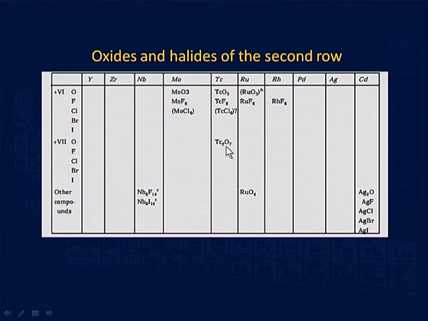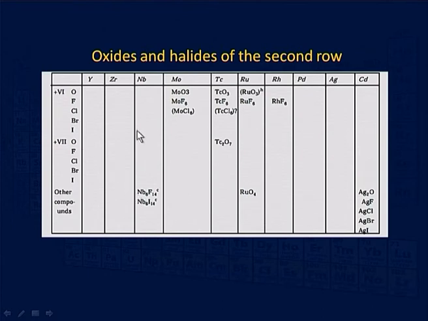Particularly, technetium can have the +7 oxidation state in its oxide, namely technetium oxide with the formula Tc2O7. Ruthenium, as we have mentioned, can exist in the +8 oxidation state, and the oxide of ruthenium having the +8 oxidation state is ruthenium oxide RuO4.